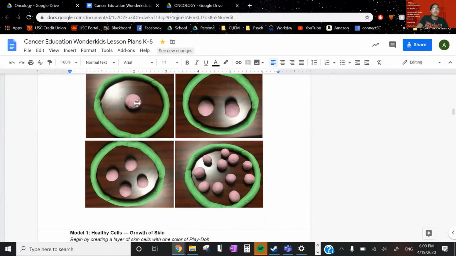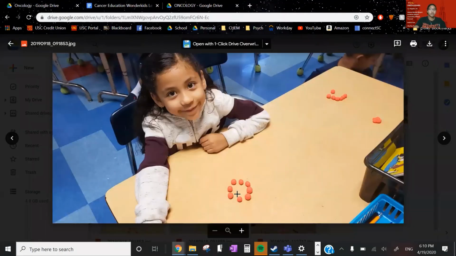So what you have them do is start the cell division process by grabbing another piece of Play-Doh and smushing it onto this original cell to make it bigger. Then I had them divide it into these two, and then do the same for those two, to these four, and so on and so forth. Here's a picture of one of my students doing it.